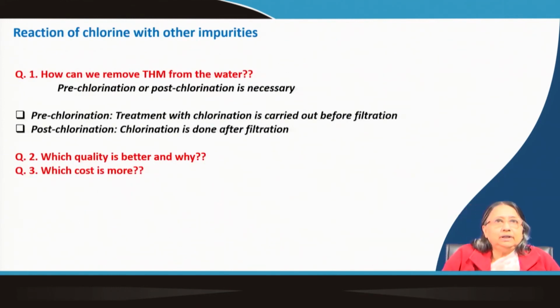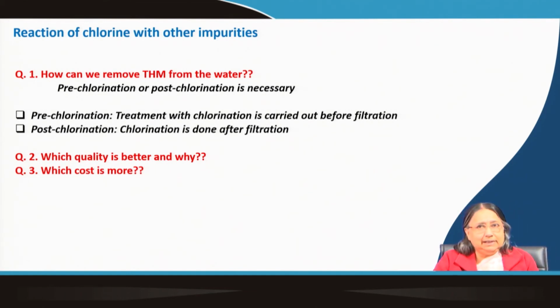Now, reaction of chlorine with other impurities. How can we remove THM? I told you that THM formation is very dangerous for us. So, if we want to protect our water from THMs, what will we do? There are two options: one is pre-chlorination, another is post-chlorination.